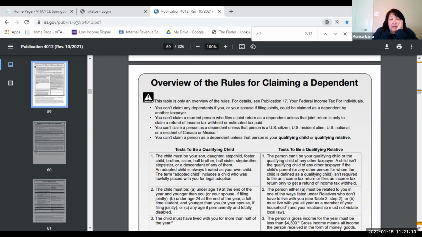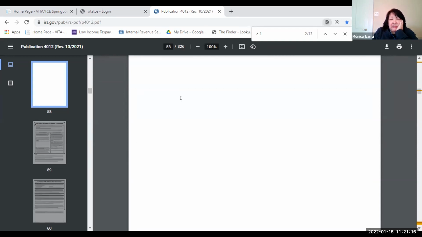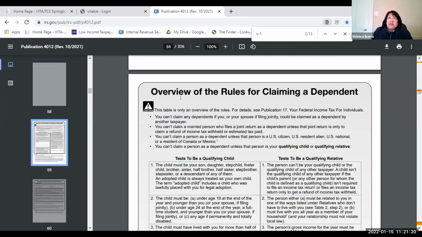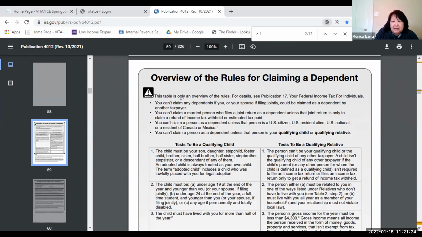All right. So this is the rule. Does it have a decision tree? I think this is the decision tree. Qualifying children have a lot of implications. It will determine your filing status. It will also determine what kind of credits you can get.